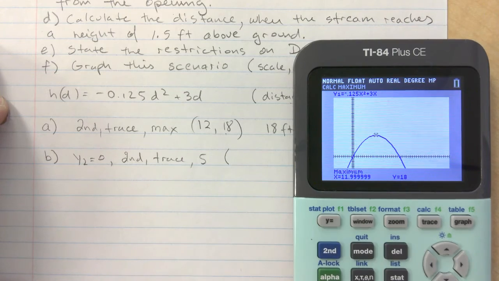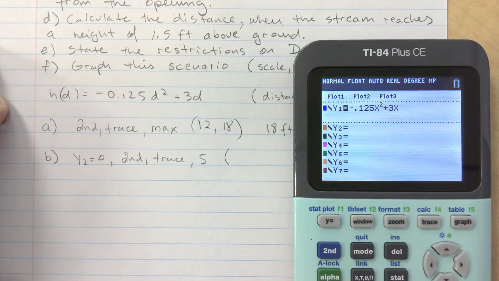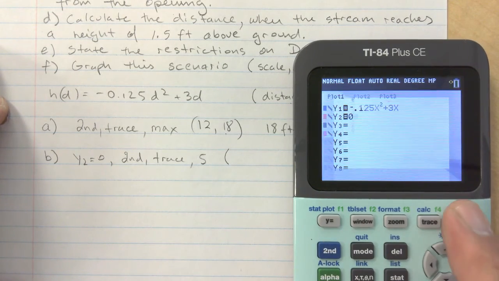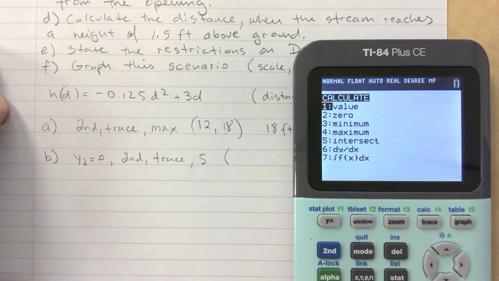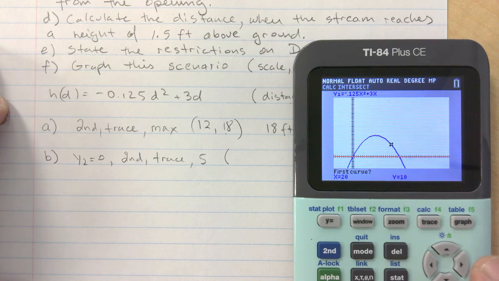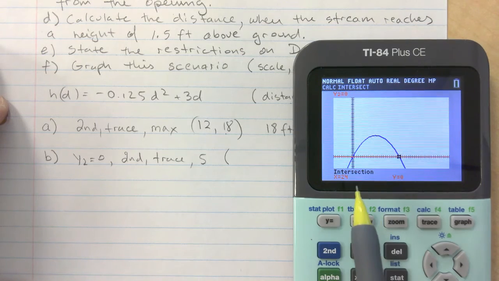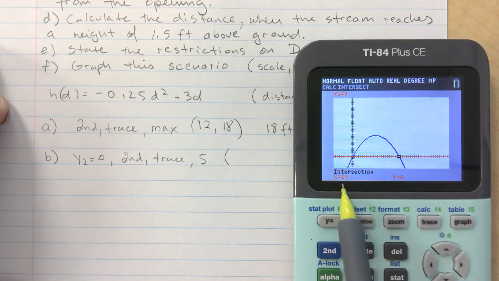And I'm going to get my bracket ready. So y2 is equal to 0, hit graph, second trace 5. Enter, enter, enter, 24, 0. Okay.